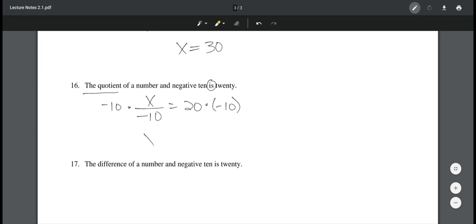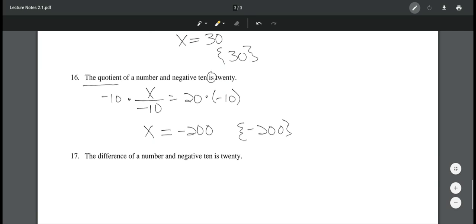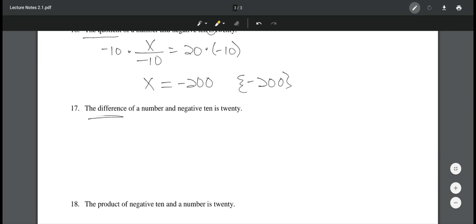A negative times a negative becomes positive, and 20 times -10 is -200. So my solution is -200. Forgot to put my solution set up here. Apologize for that.